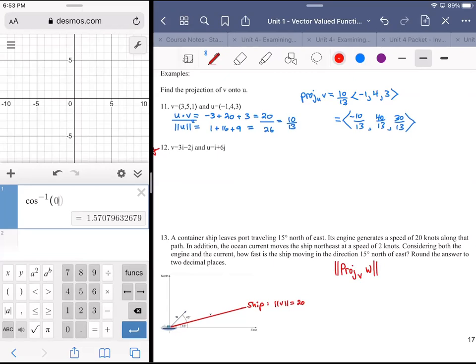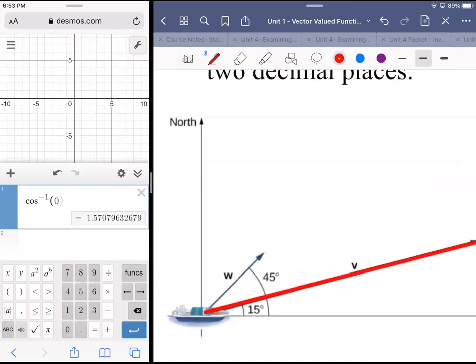We can steal the angle from this. That 45-degree angle is all wonderful, but if I drop an altitude here, we create the vector that represents the contribution.